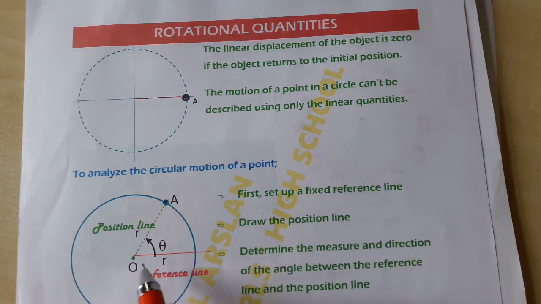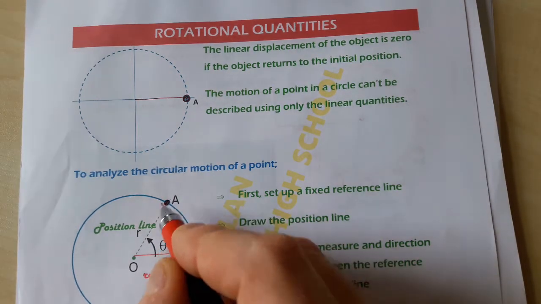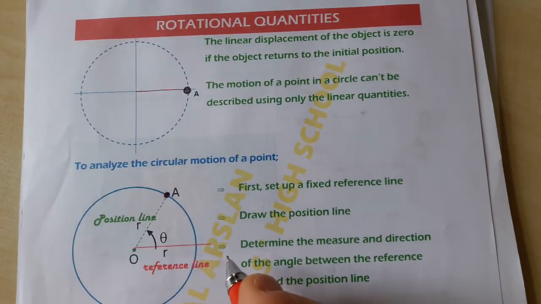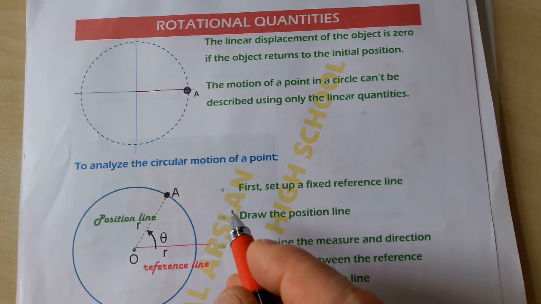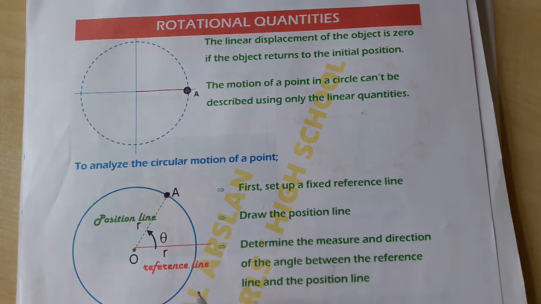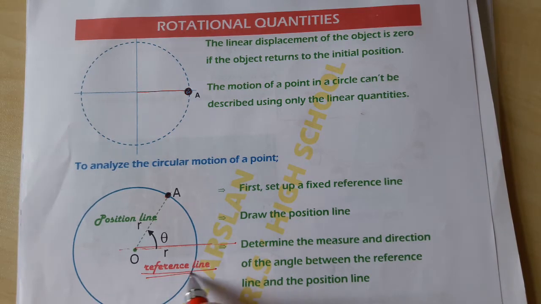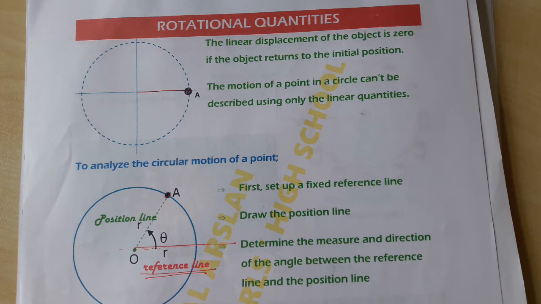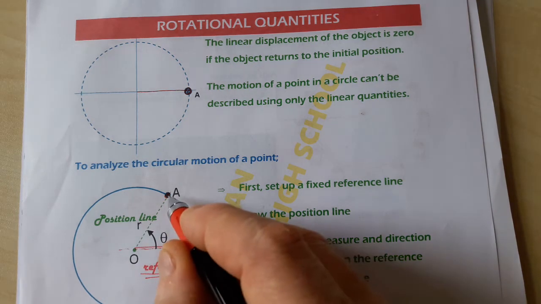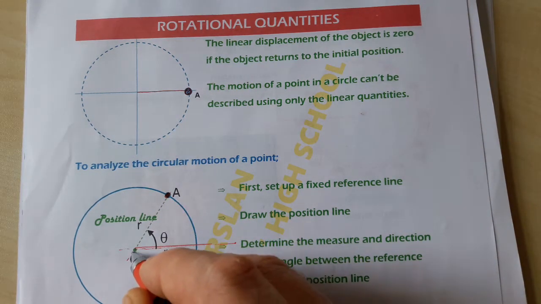For example, initially, this is the position of the object. Remember, to study linear motion, we should first define a reference point. But in rotational motion, we are going to draw a reference line. According to this reference line, we are going to define the position of a point on an object. So this is the point A. We draw a position line.